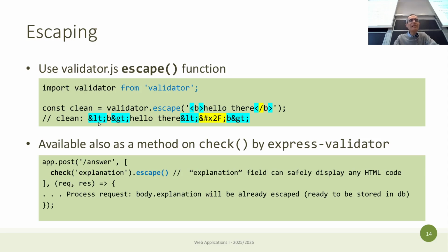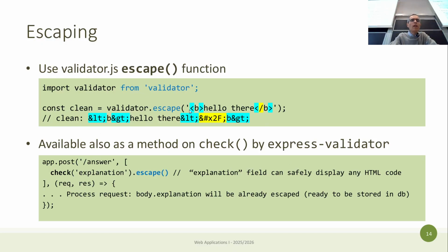So basically this LT renders exactly as the less than sign. And this X2F, that is basically the syntax, I think, to give the ASCII value of the slash in hexadecimal format, okay, basically renders exactly as the character slash.